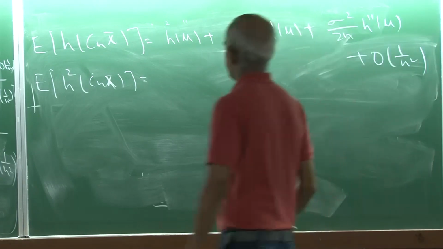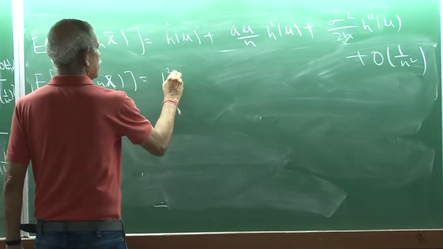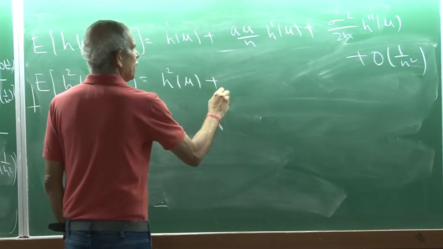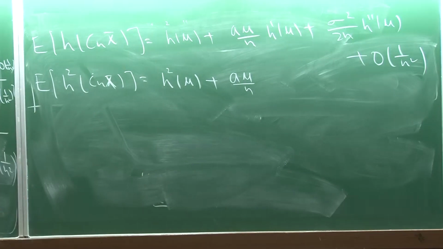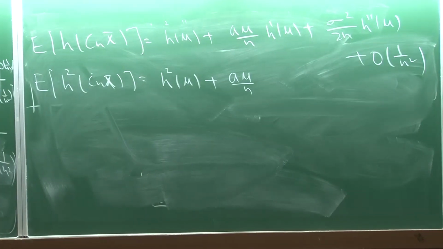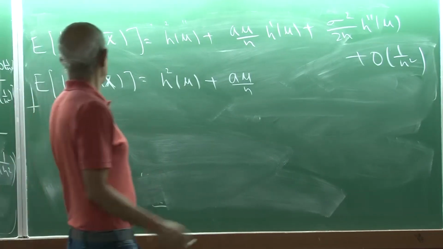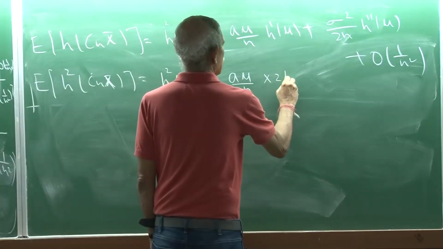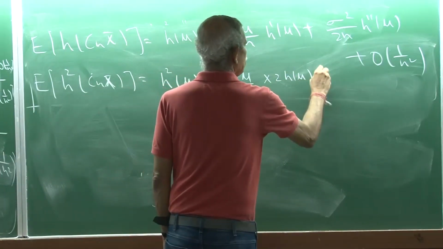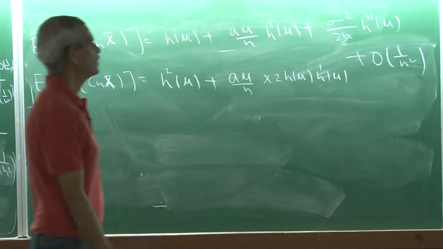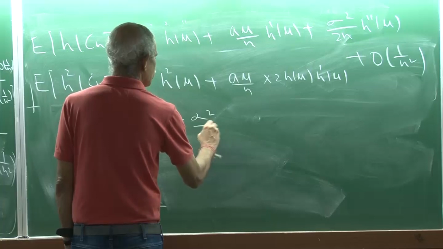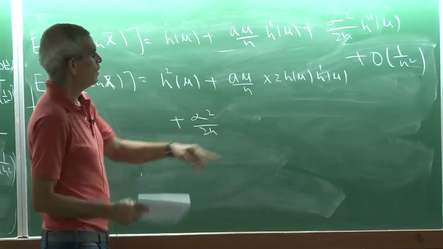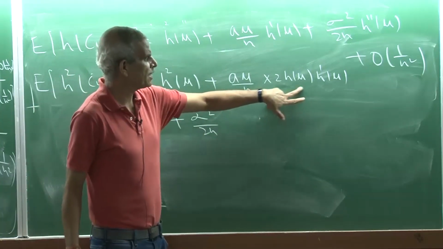Now if you do that, you get this as h square of mu plus a mu upon n. What is the derivative of h square mu? 2 times h mu h prime mu plus sigma square by 2n, double derivative, so that means derivative of this.